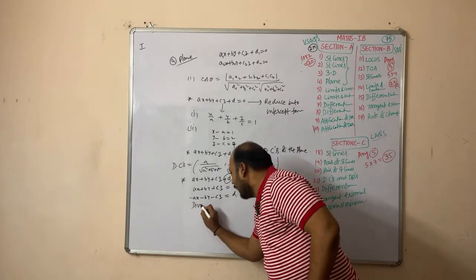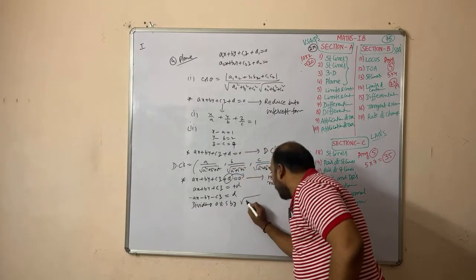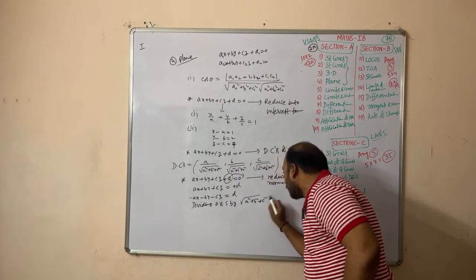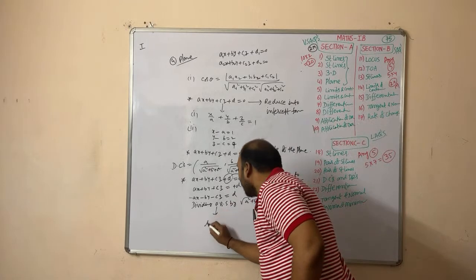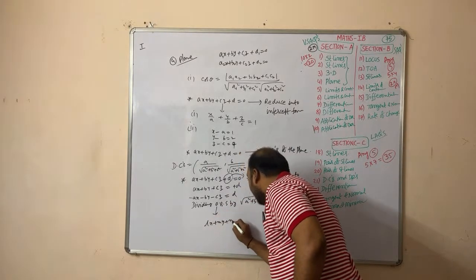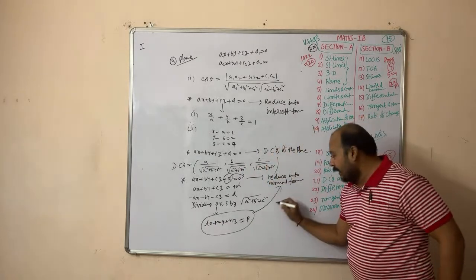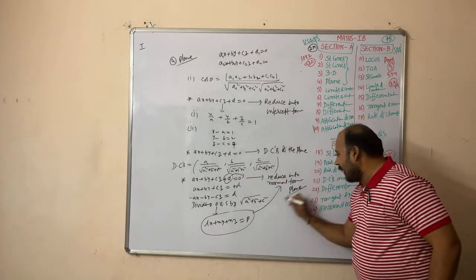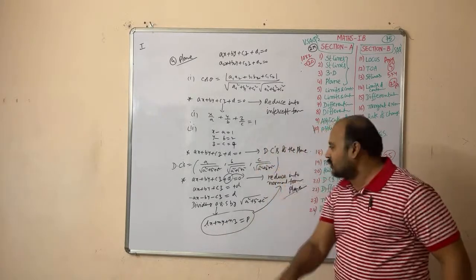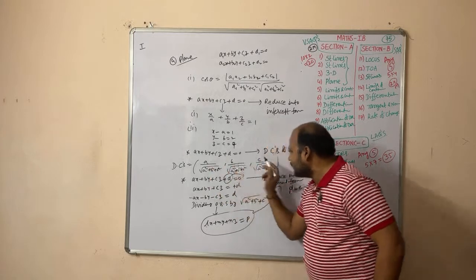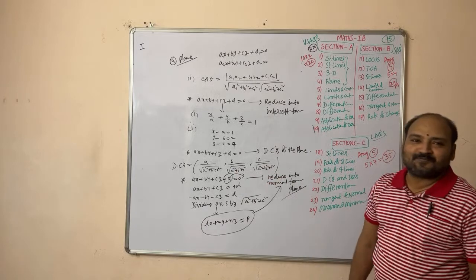Divide on both sides by root of a square plus b square plus c square. Then it will turn into lx plus my plus nz is equal to p. This form is called the normal form of the plane, dear students. l, m, n are called the direction cosines of the plane. I hope you understand.